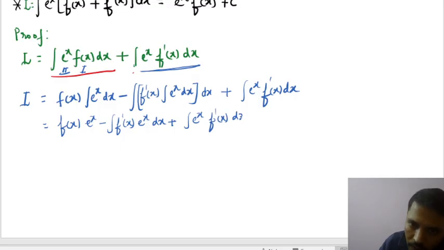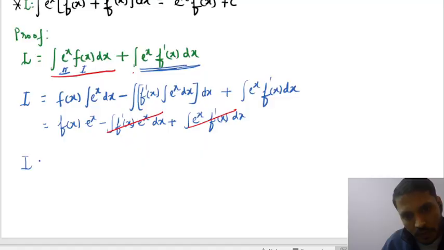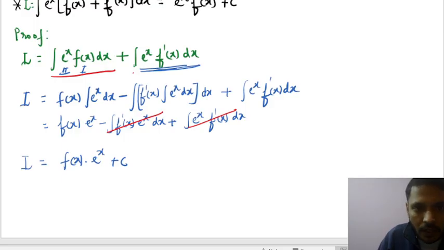Now you can see why we were not taking the integration of this part, because from the first part we are getting the same thing but with opposite sign, so this part and this part will get cancelled out. So we have remaining I is equal to f of x into e to the power x plus c. That's why we are writing our answer directly in this form. Whenever we have integration in this form, we write e to the power x into f x. So this is the proof.